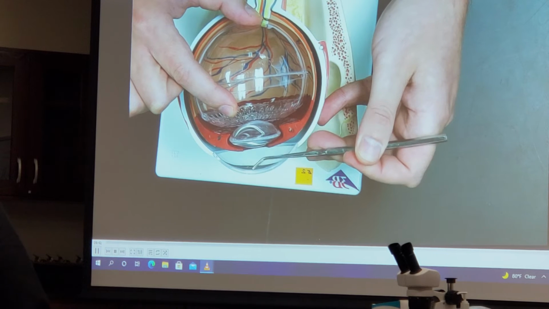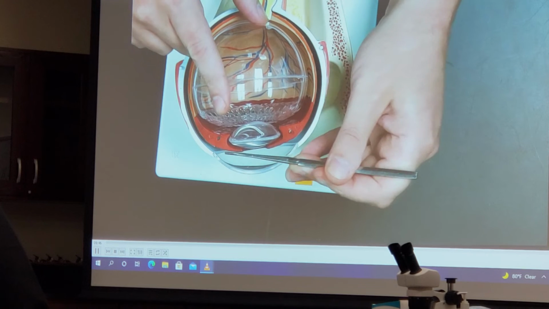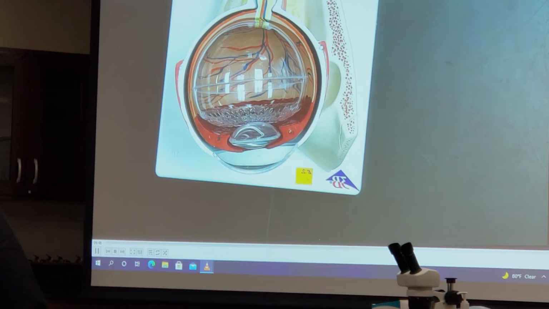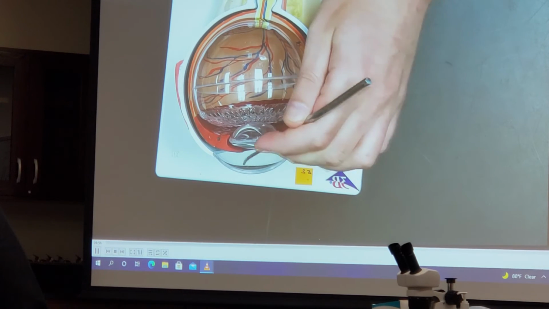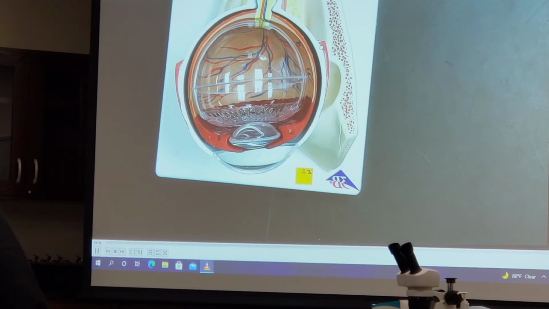And that is going to drain via a structure we can't see here, but that's the scleral venous sinus. And that's going to, if it's compromised, increase the intraocular pressure in this anterior segment and lead to a pathology. What is that pathology? Glaucoma.